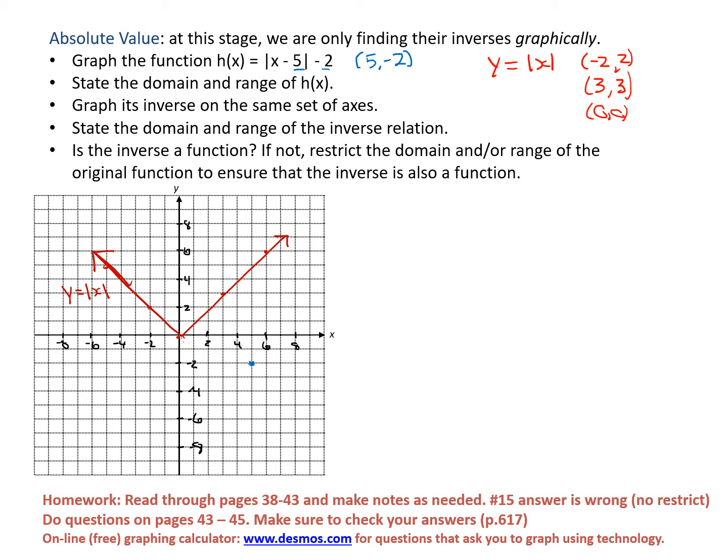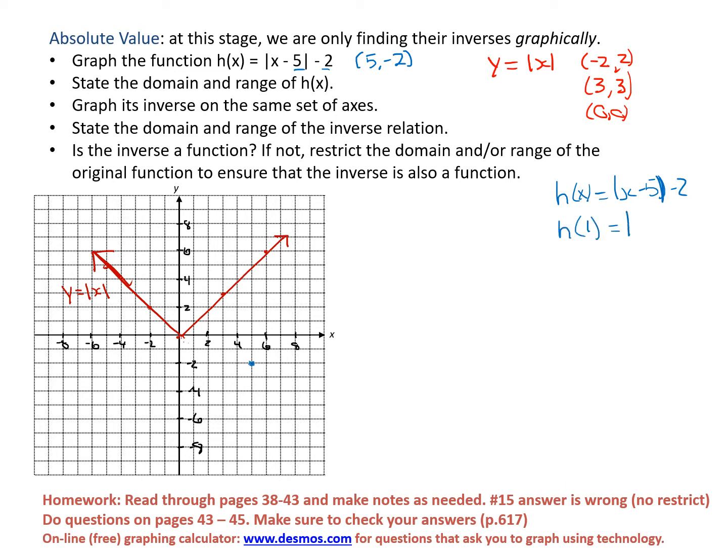So I'm just going to put the points right on here. You could sub in if you needed to. So for example, you could sub in x. So here's h at x equals absolute value of x minus 5, minus 2. Let's say I sub in a 1.